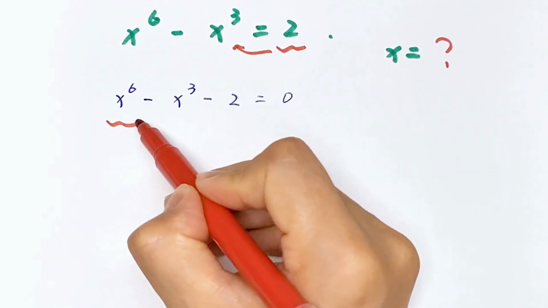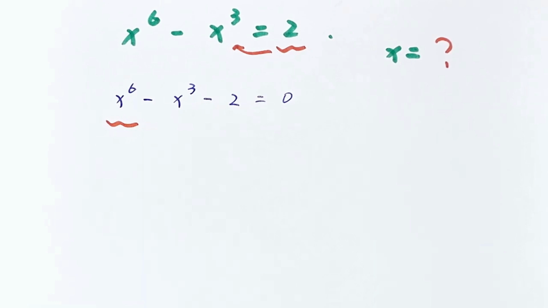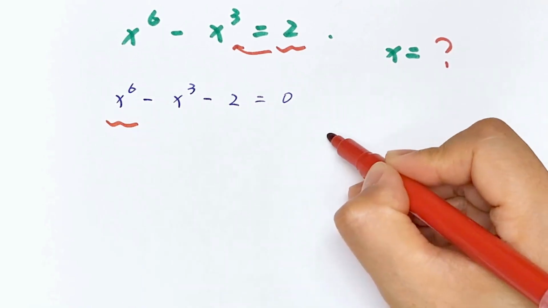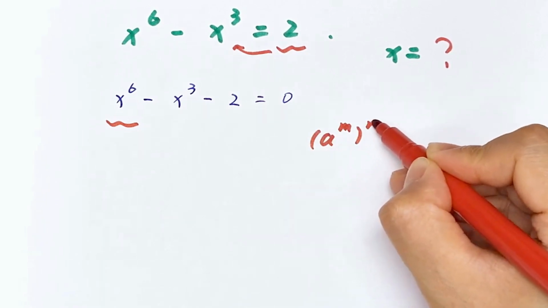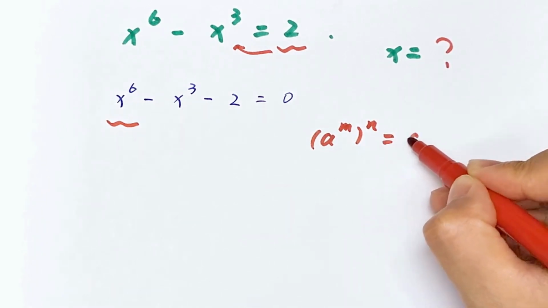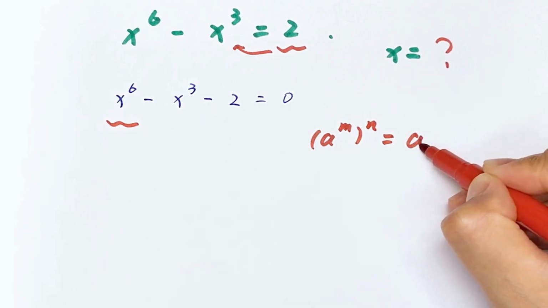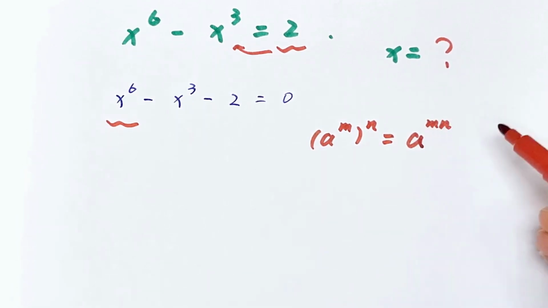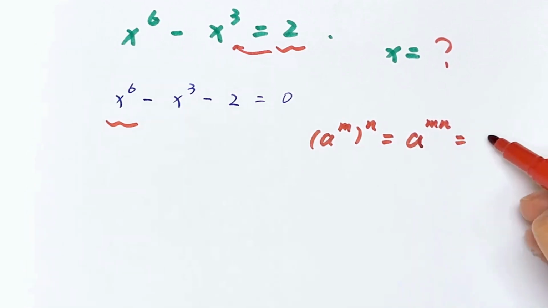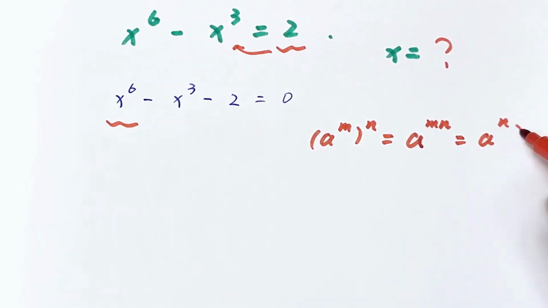Now from here, we apply the exponent rule that a to the power m, bracket to the power n, is equal to a to the power mn, we multiply the powers, which is equal to a to the power n bracket to the power m.